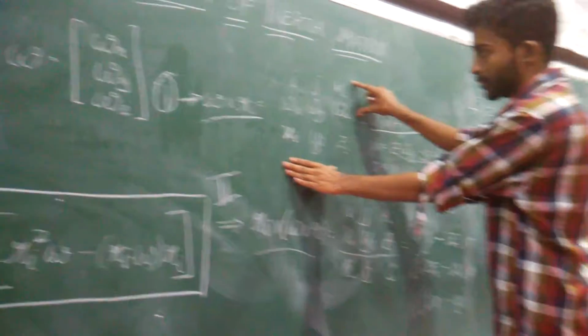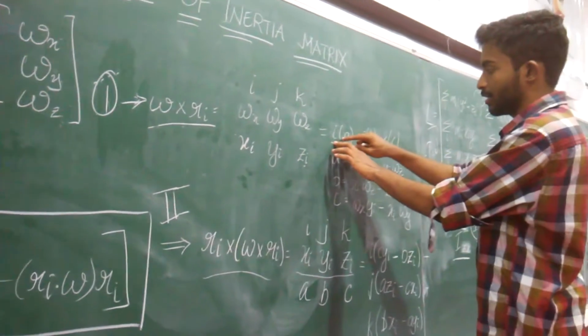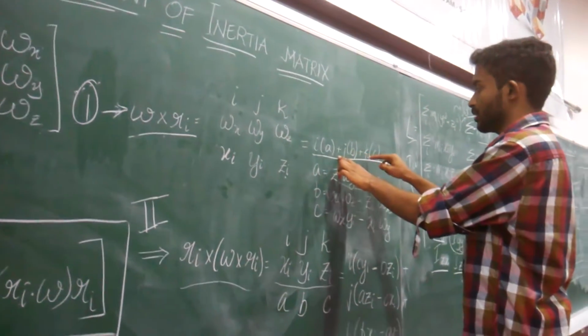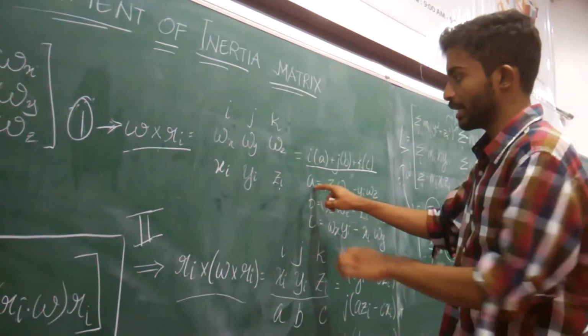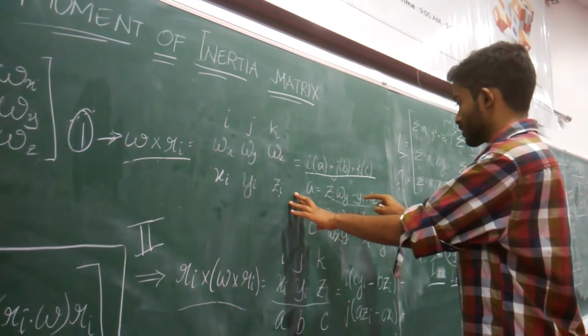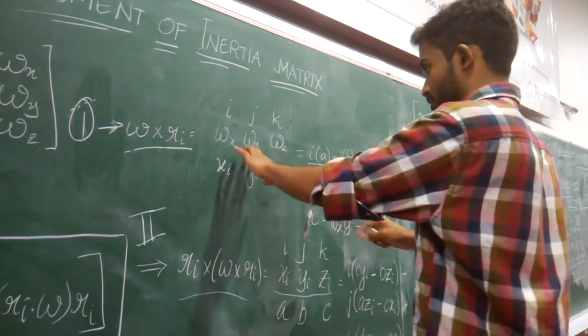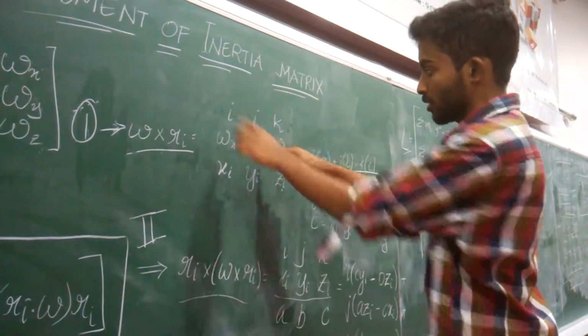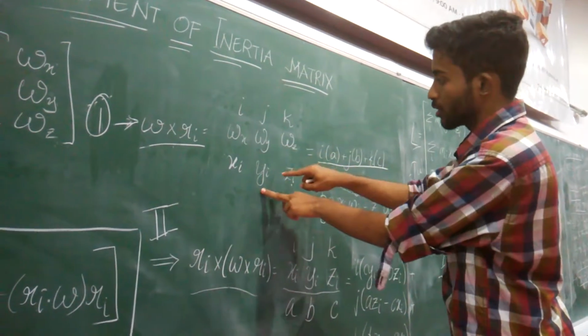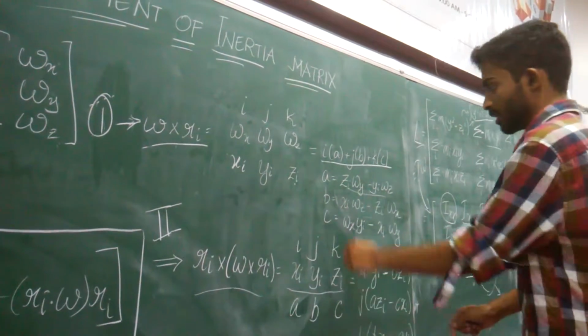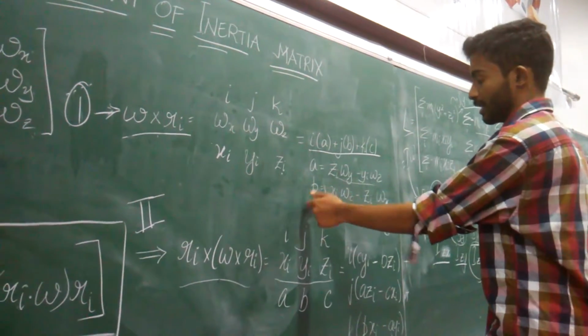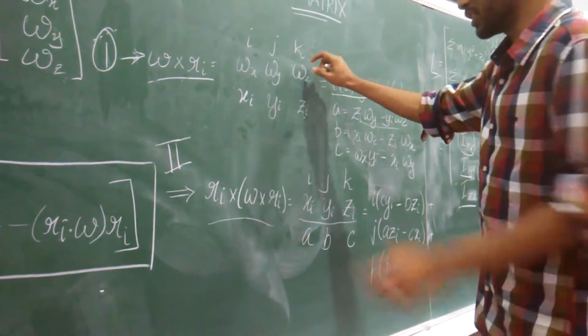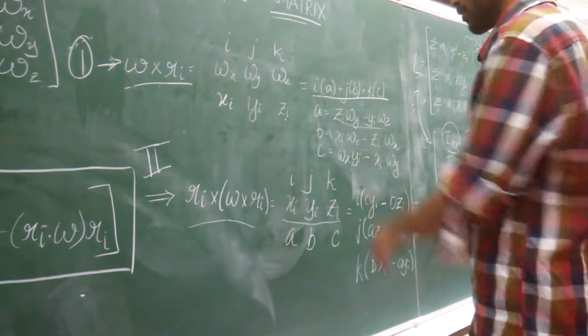This whole expression can be written as i a + j b + k c, where a will be zi omega y - yi omega z, and similarly we get b and c, which is just the transformation of the matrix into linear form.